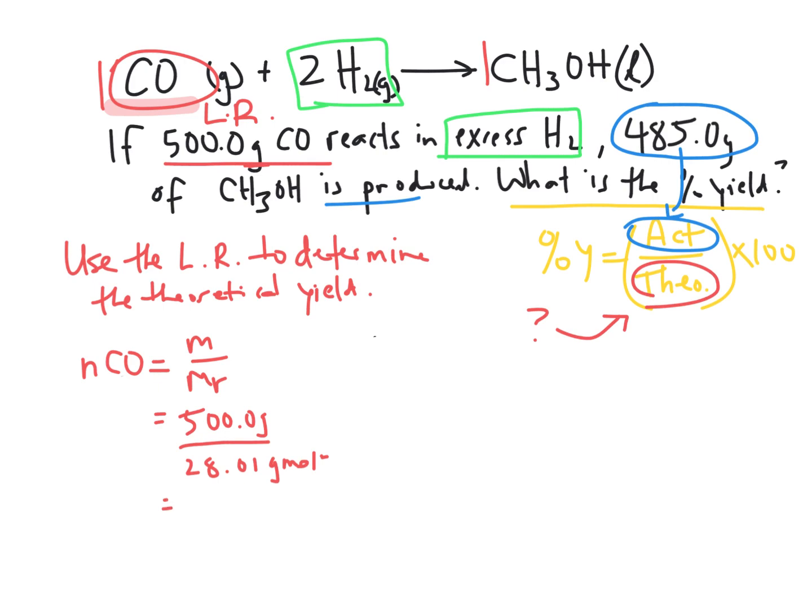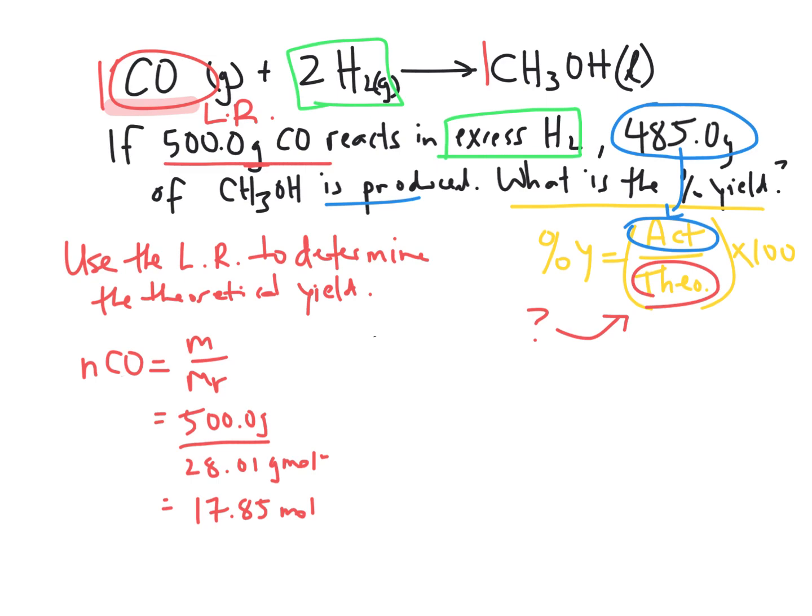I think the ones in the IB data book show 28.01 because carbon's 12.01. Pump that in, you're going to get the moles are equal to 17.85 roughly if you have 4 significant figures. Okay, so that's how many moles of that.